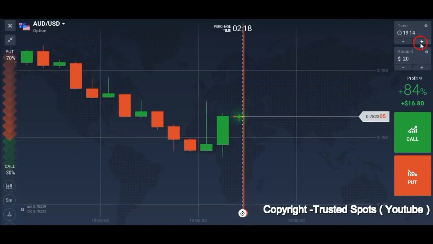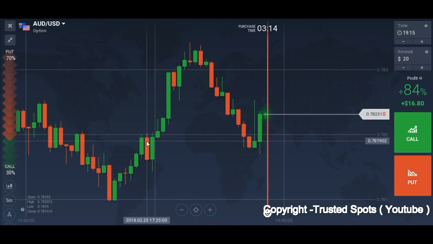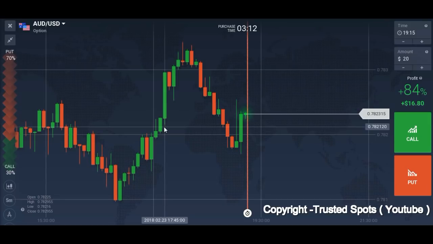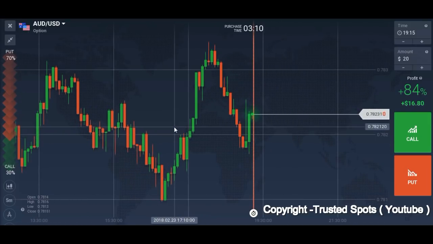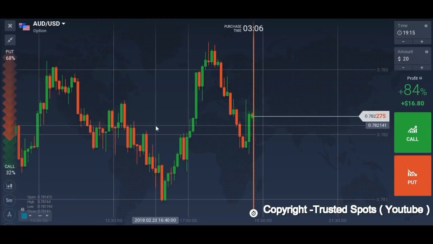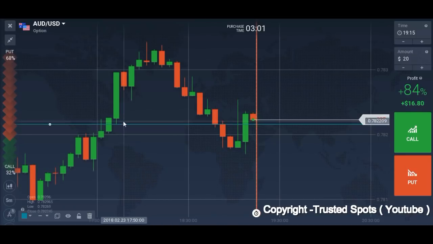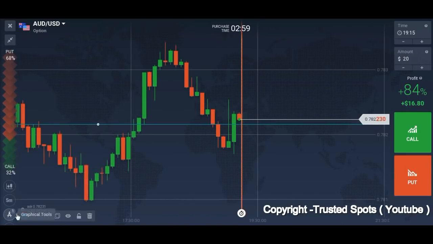Okay, here we have an opportunity. So let me, yes, this is a resistance. This was previously a resistance, and we can use this particular level as a support.